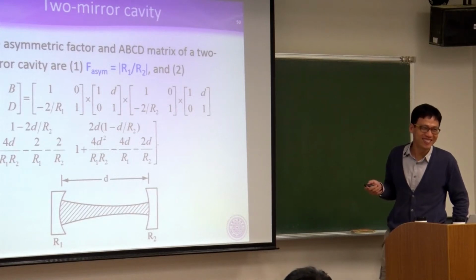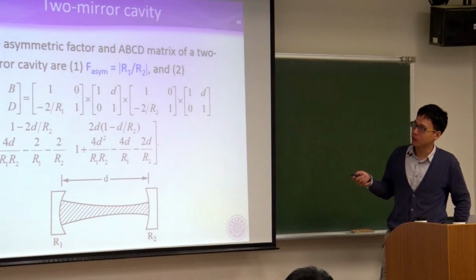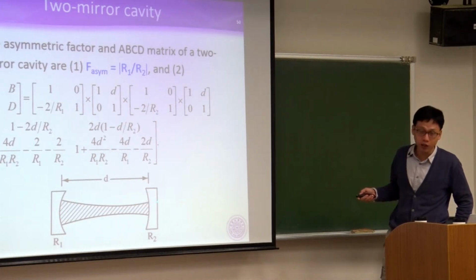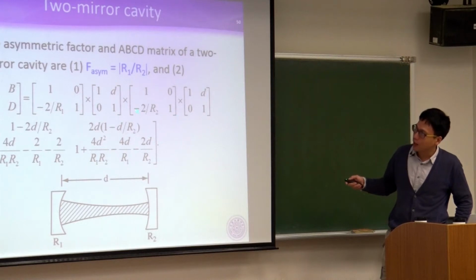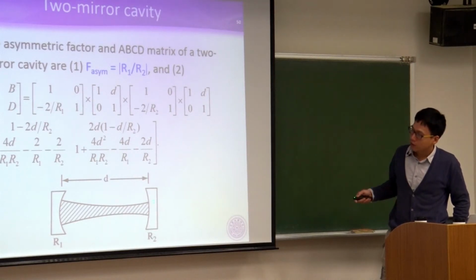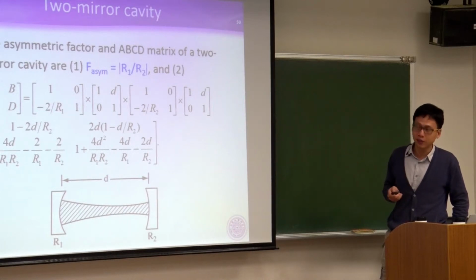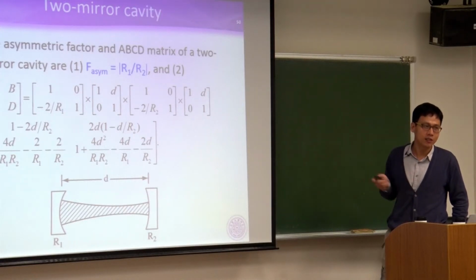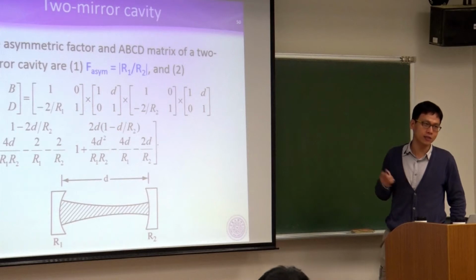Do you know this? 一个 lens 或一个 curved mirror，它对应的 ABCD 是这样写，知道吗？这是几何光学学到的。Then propagate for a distance in the air of d. You have another 2x2 matrix. Then a second curved mirror, represented by the third 2x2 matrix. Then propagation over the distance d in the air, the fourth 2x2 matrix. And you have to multiply them together. You got the total matrix, which is this one. Okay, this is the matrix for this cavity system.